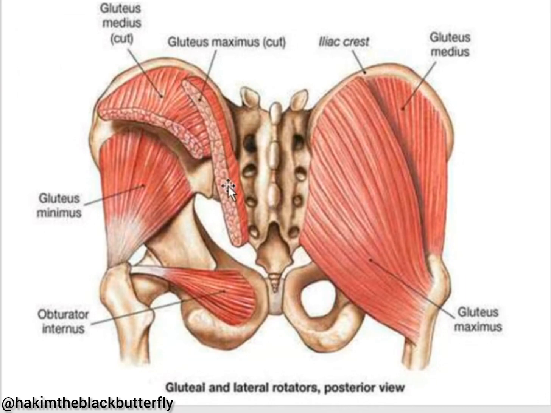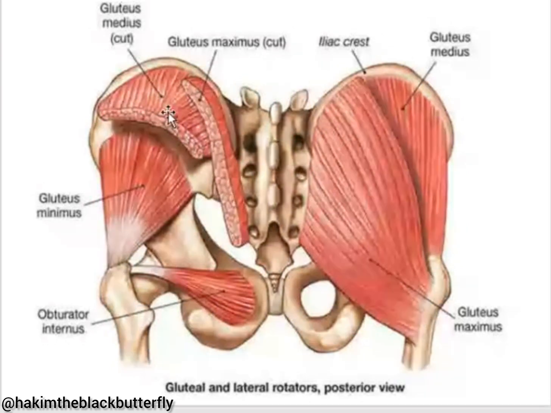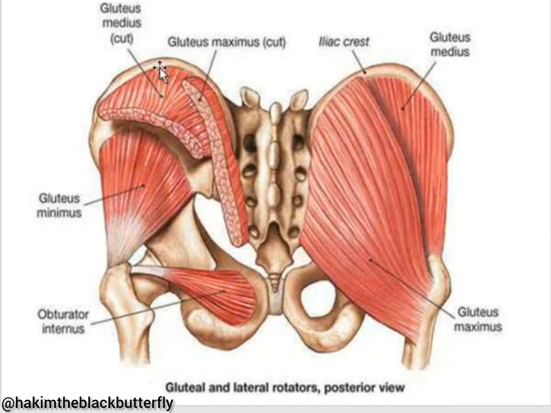When you remove Gluteus Maximus, deep to it you have Gluteus Medius. This Gluteus Medius originates between the posterior gluteal line and the anterior gluteal line of the posterior surface of the ilium.